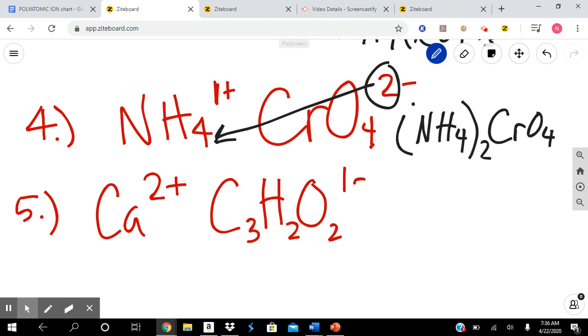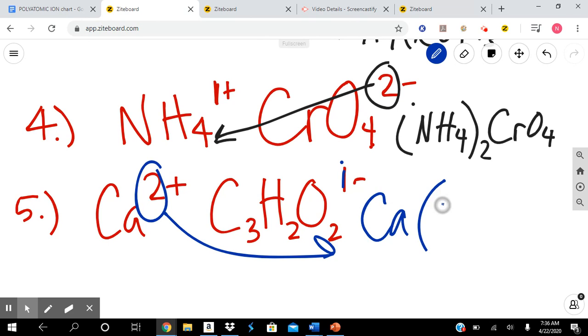Okay, my charges don't cancel. I'm not going to cross this 1, but I have to cross this 2. And we know that polys get parentheses. C2H3O2. Close my parentheses. Then there's that 2 that's getting crisscrossed down from calcium. So remember, only polys get parentheses.